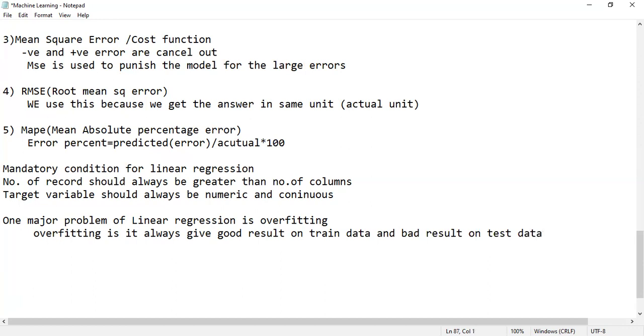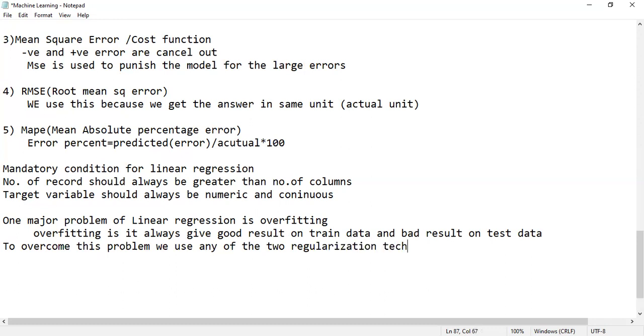To overcome this overfitting, we may use two techniques, Ridge and Lasso. These are the regularization techniques to overcome overfitting in linear regression. We use any of the two.